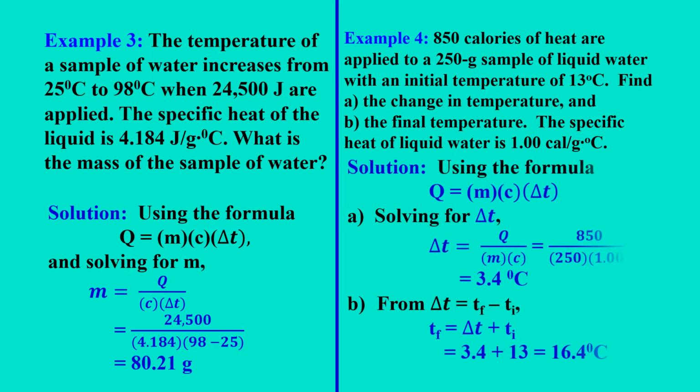Using the formula Q equals M times C times delta T, letter A, solving for delta T equals Q over M over C equals 850 divided by 250 divided by 1 is 3.4 degrees Celsius. Letter B, from delta T equals T final minus T initial, solving for T final equals delta T plus initial temperature. So it is 3.4 plus 13 equals 16.4 degrees Celsius.